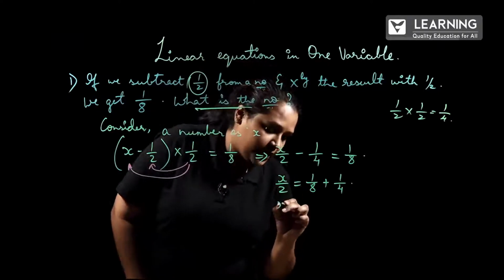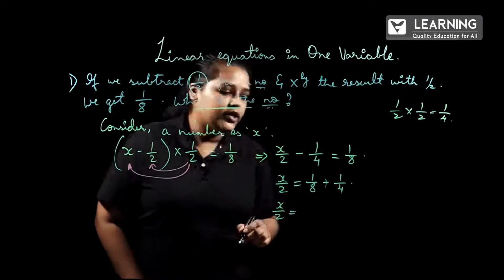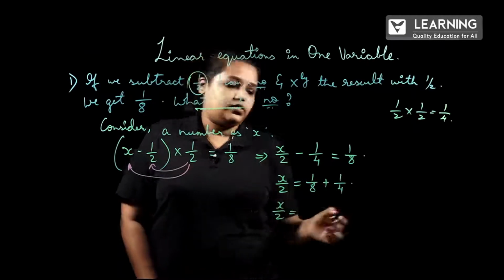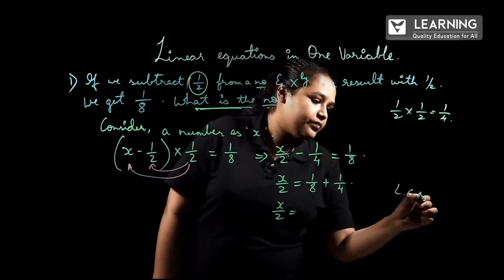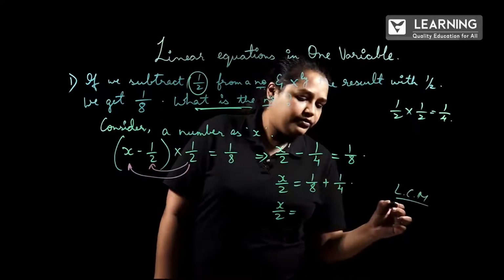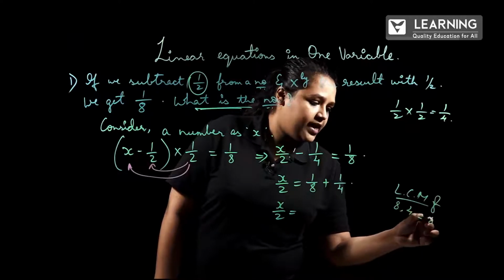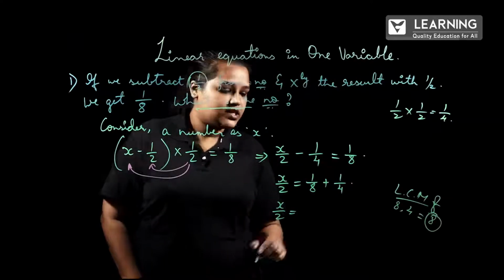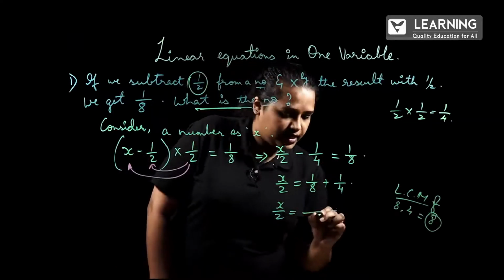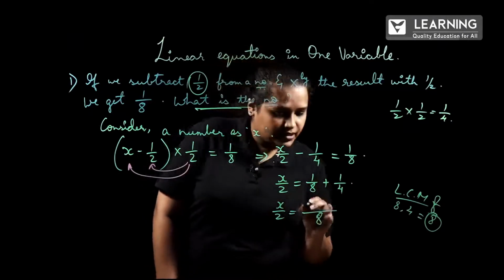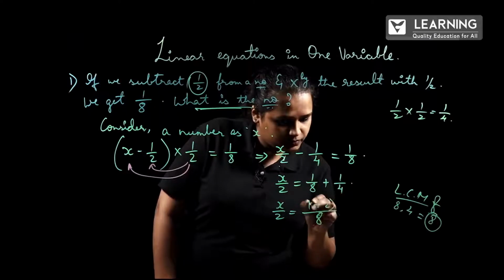So, next, x by 2 is equal to 1 by 8 plus 1 by 4. Here the denominators are different. So, what we have to do? Go with the LCM. LCM of 8 and 4 will be 8, correct? So, this is the common denominator, 8. Next it will become 1 plus 2.